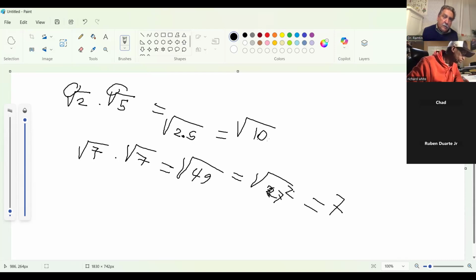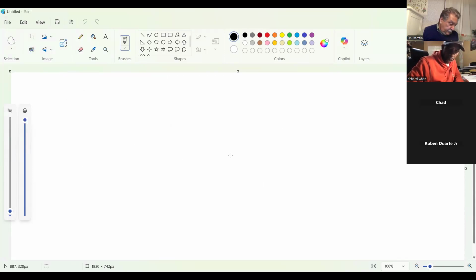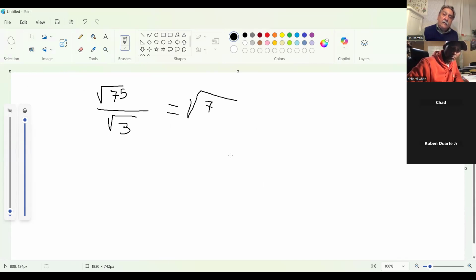All right. Let's do example 3, division. The square root of 75 divided by the square root of 3. Again, because they have the same square root, you can just write the square root of 75 divided by 3.